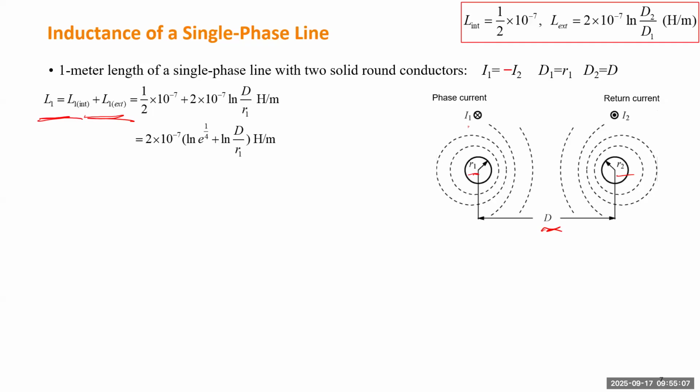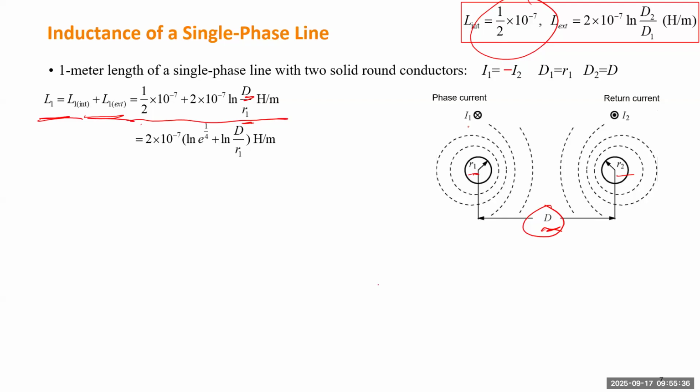For internal inductance, that will be this one. For external inductance, D1 needs to be R1, so we calculate starting from the skin of the conductor. D2 will be the distance between the two conductors, because we cannot go beyond this conductor. The magnetic field will be stopped somewhere at the second conductor.